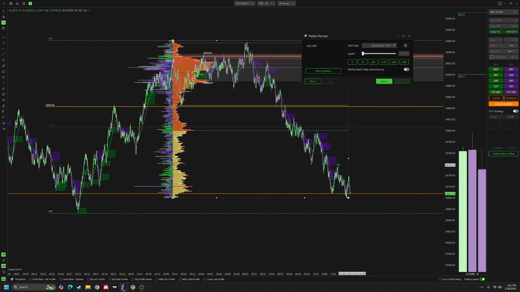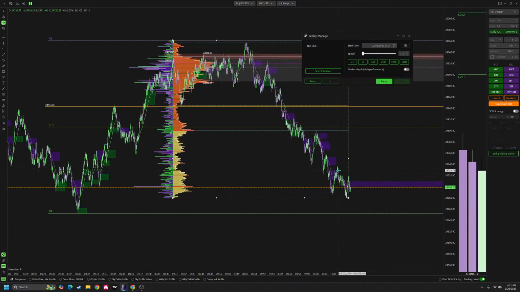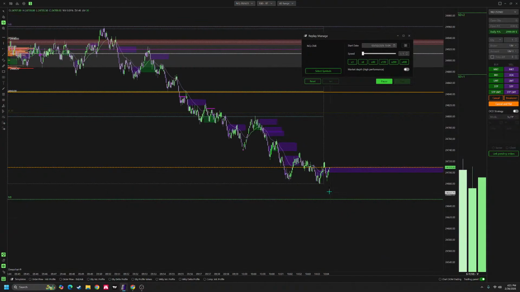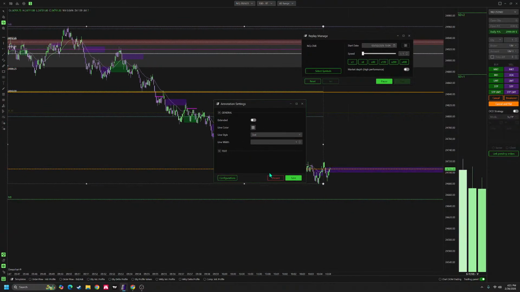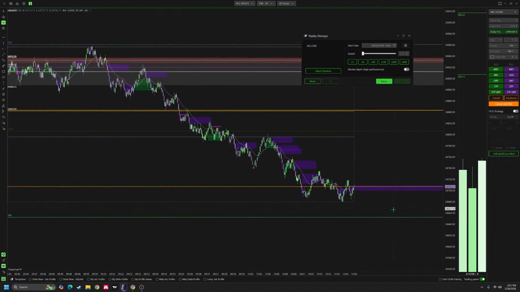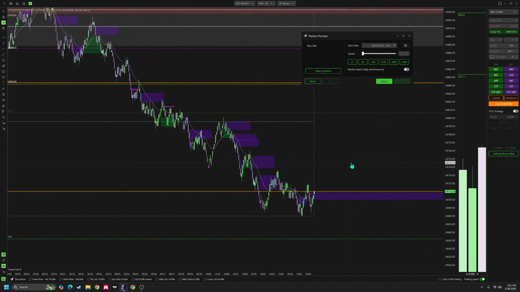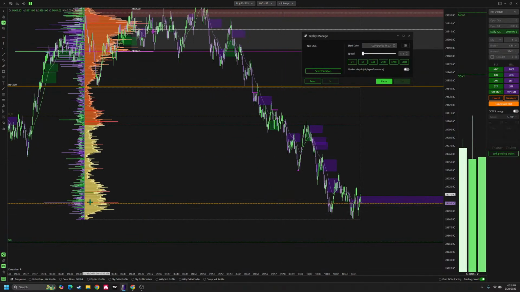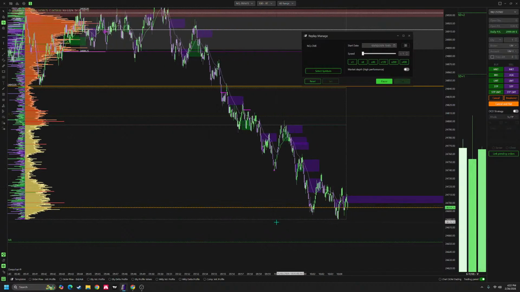So we're getting lots of buyers getting destroyed at the top of these little pullbacks. We are building some structure here.